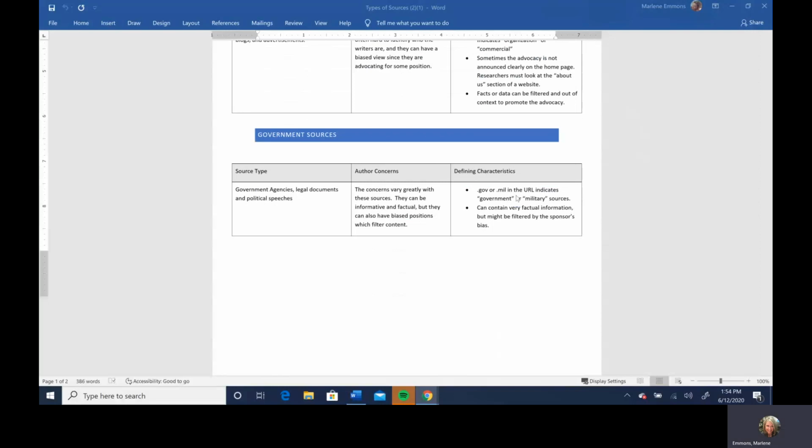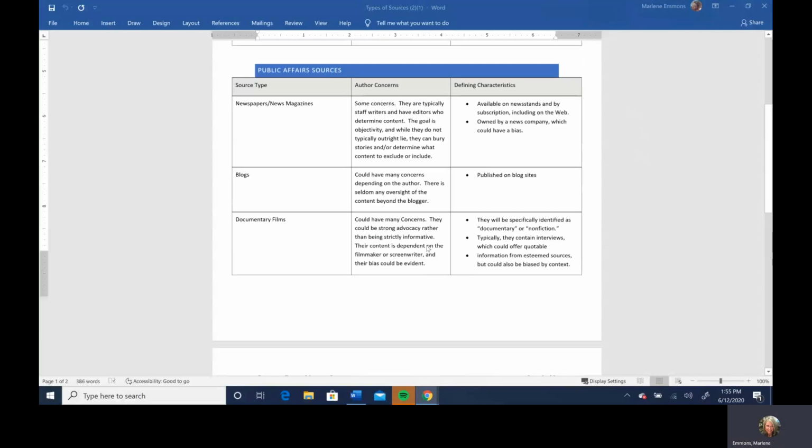And when she got away from the .mil sites, she found out that no, there were. But as a .mil site, it opted to give some specific information that might have been factual, but it also had a biased position and filtered content. So, as I said, they can contain very factual information, but they might be filtered by the sponsor's bias.